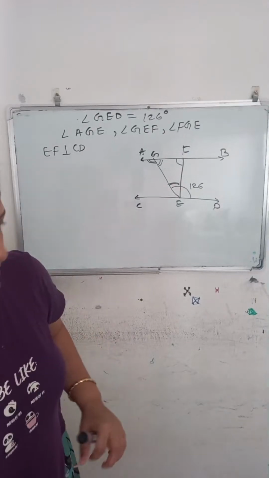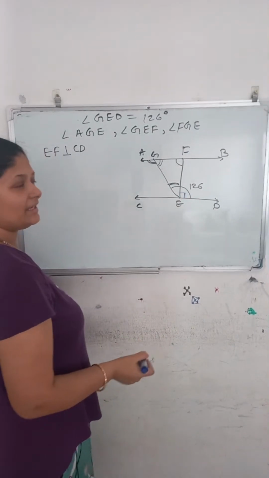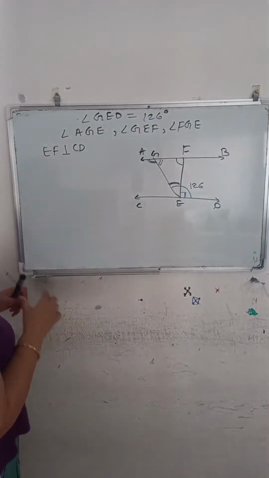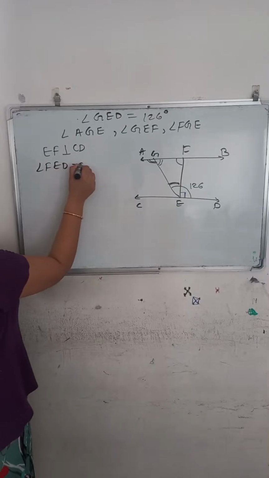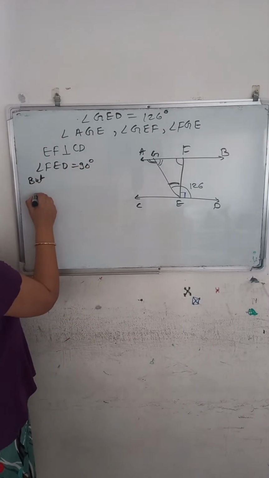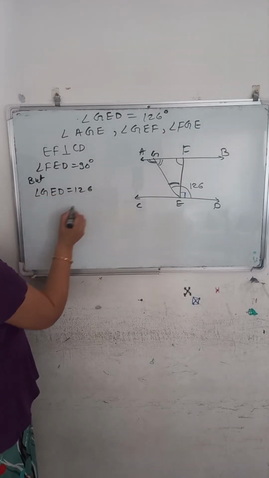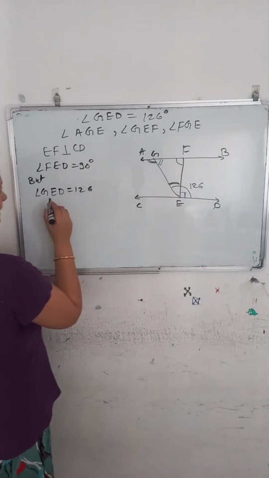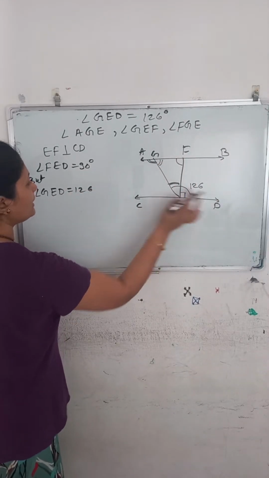That means this angle is nothing but how much? 90. So I can write here angle FED is equal to 90 degrees. But here angle GED is equal to 126. But GED we can write as GEF plus FED.